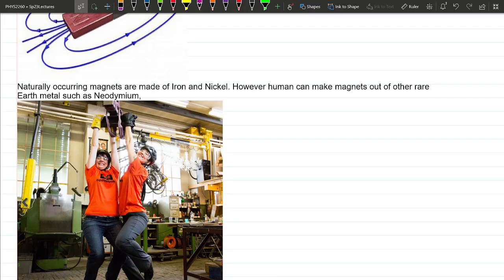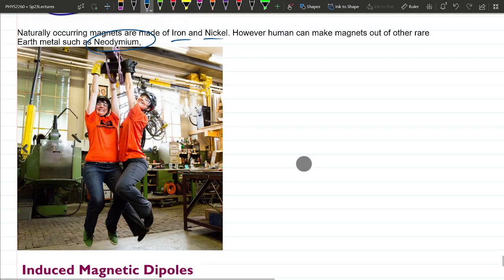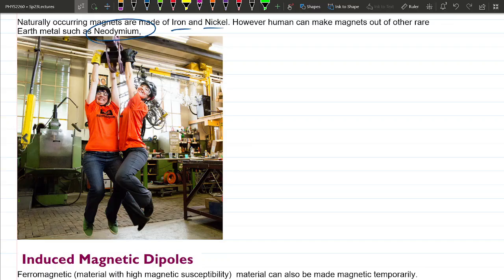Nowadays, of course, we can make artificial magnets instead of making them out of iron and nickel. I think the magnets I was playing around with are made of neodymium, which has multiple unpaired electrons on its outer shell, and then you can make really strong magnets, such as those. You can hang people on them.